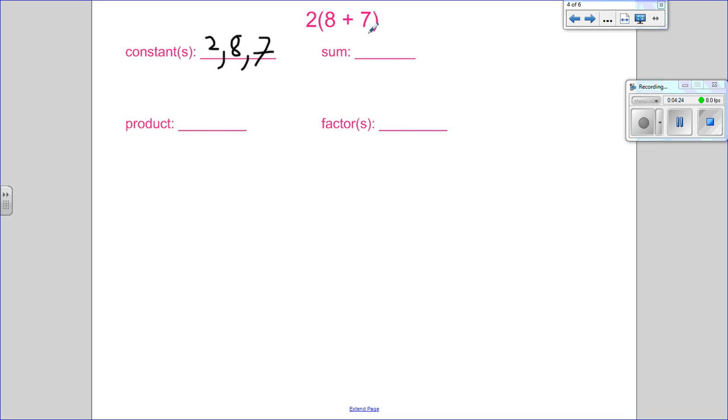The sum is 8 plus 7, because it's 2 times the sum of 8 plus 7. The product will be 2 times the sum of 8 plus 7. And the factors, just like the terms, are 2, 8, and 7.